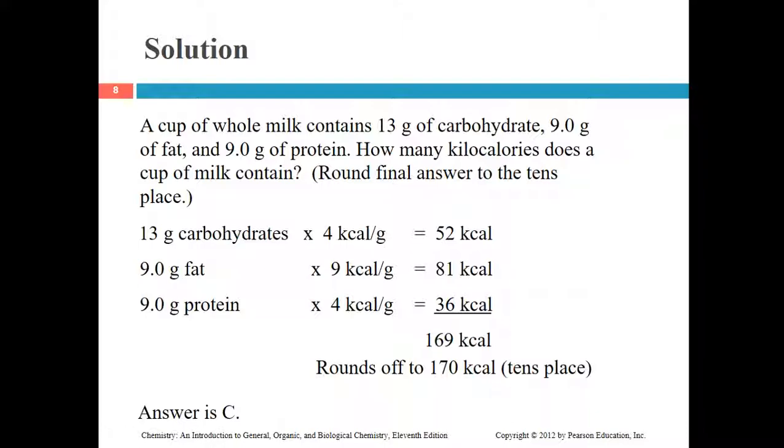So when we do the math, that's 52 kilocalories. 9 grams of fat times the conversion factor of 9 kilocalories per gram is 81 kilocalories. 9 grams of protein times 4 kilocalories per gram, and again we get all these values from that chart, is 36 kilocalories, which totals 169 kilocalories. We can round to 170 kilocalories, which is the same as 170 big C calories. So the answer back there is C.